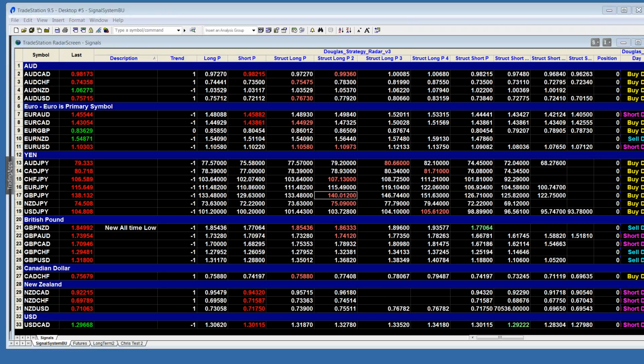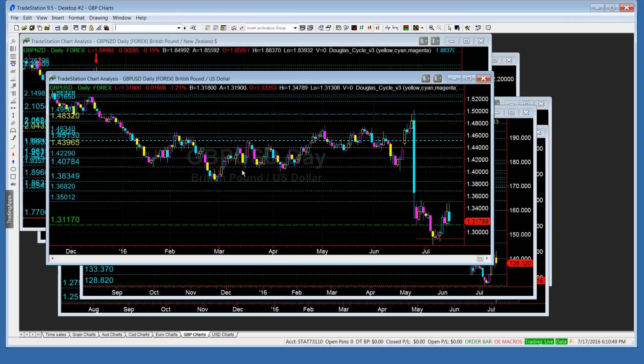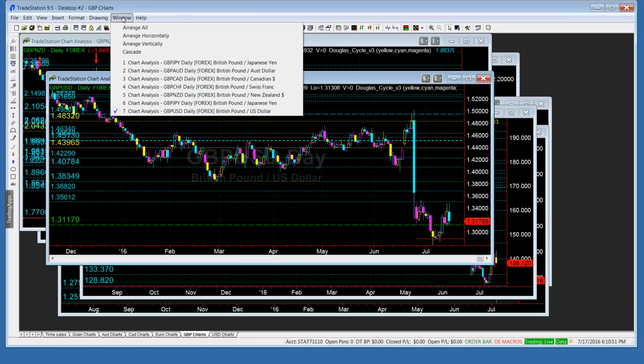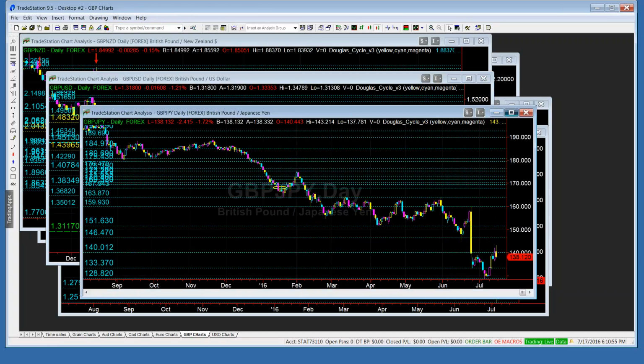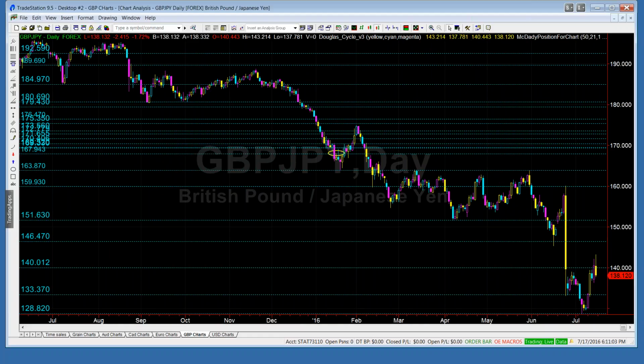if we go to the pound yen chart, the buying point was 133.48.